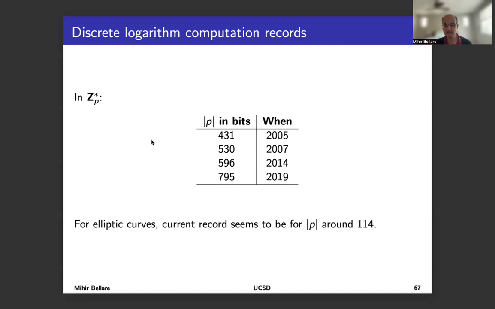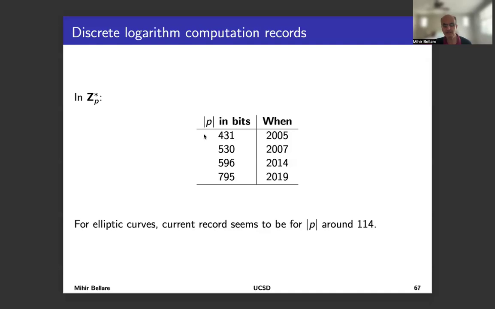They take these algorithms and they implement them on fast computers, supercomputers, lots of parallelism, and they try to crack records. Often the way this is done is that somebody announces a challenge and gives you a certain dollar amount to find discrete logs for primes of their challenge size. And they publish the challenge. And if you find discrete logs, you get some money.